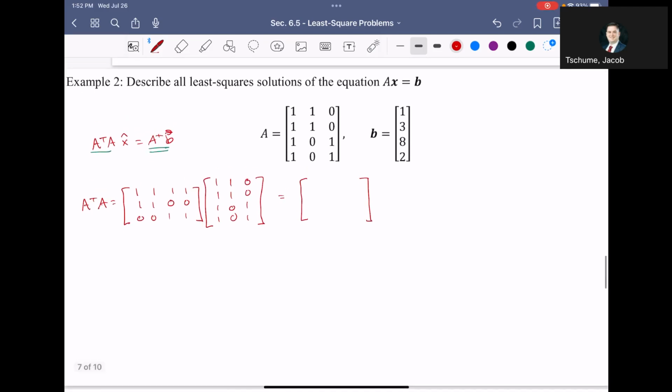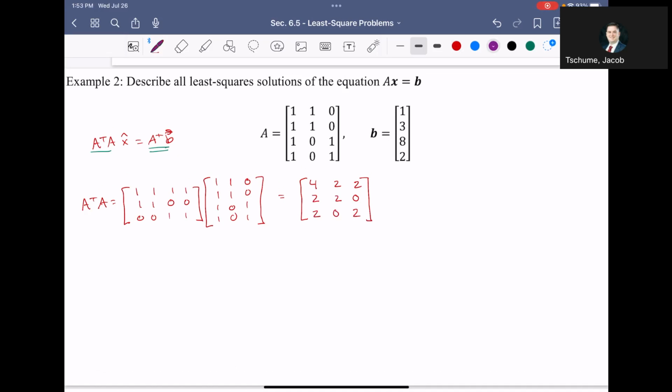So if I do the first row times all 3 columns, you should get 4, 2, 2. Then if I take the second row and multiply it by all 3 columns, you should get 2, 2, 0. And then if I take the last row times all 3 columns, you should get 2, 0, 2. And so that is A transpose A.